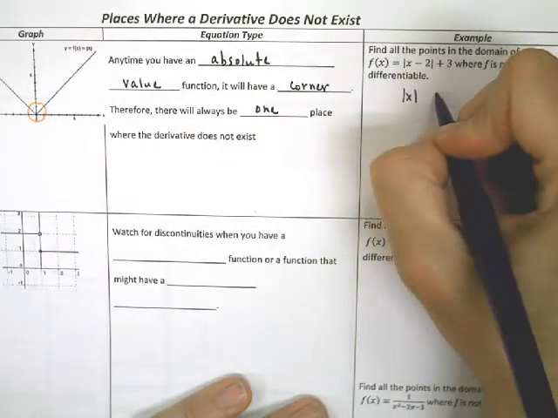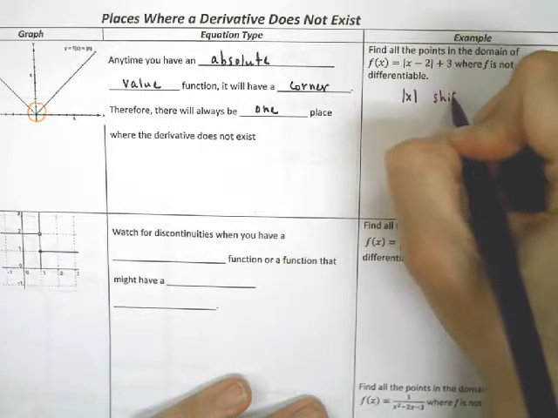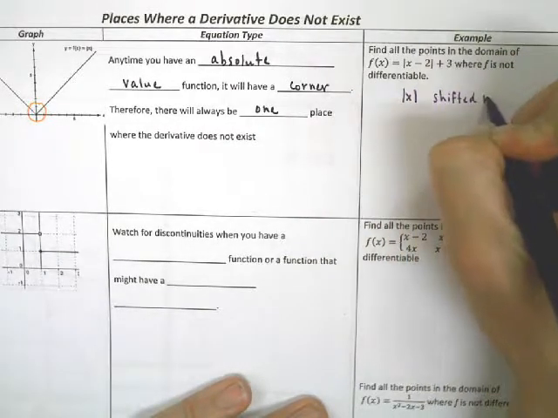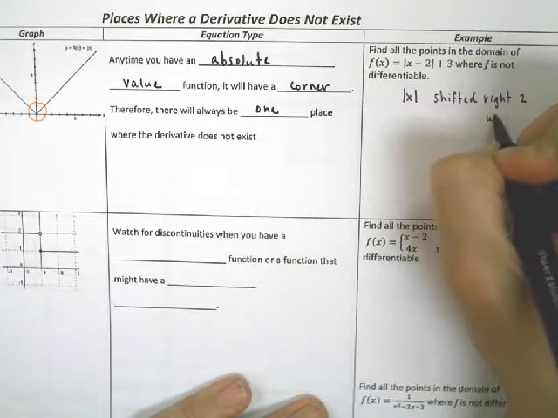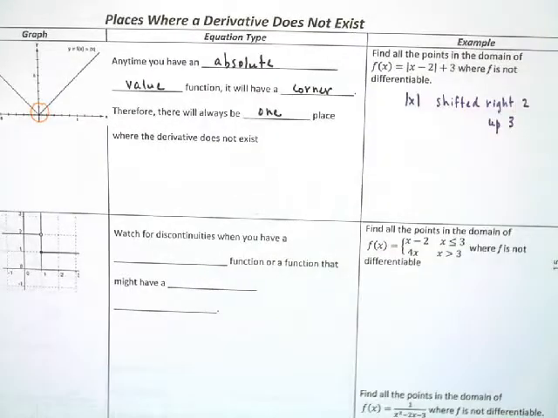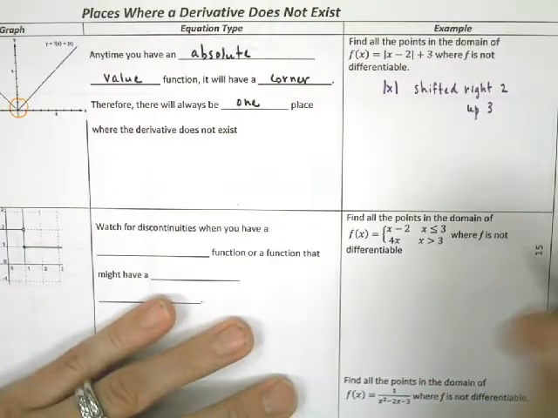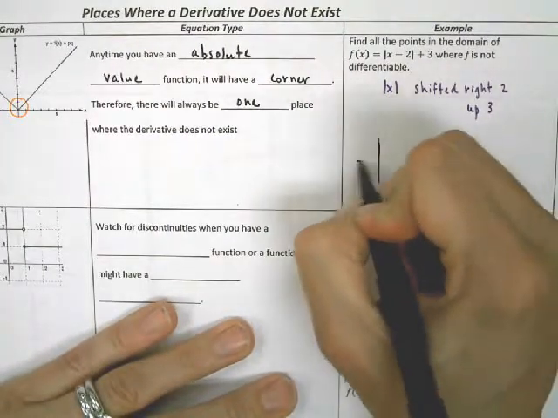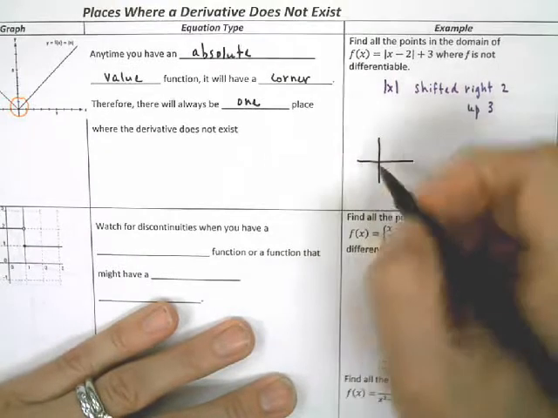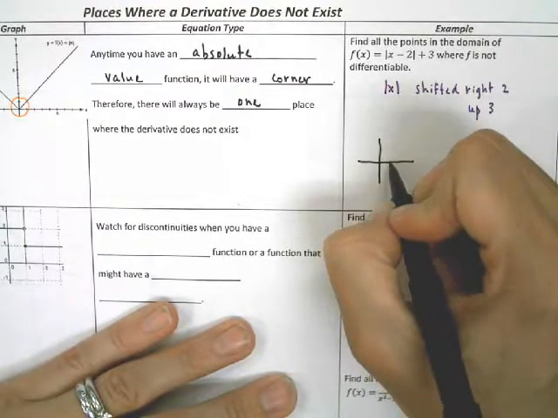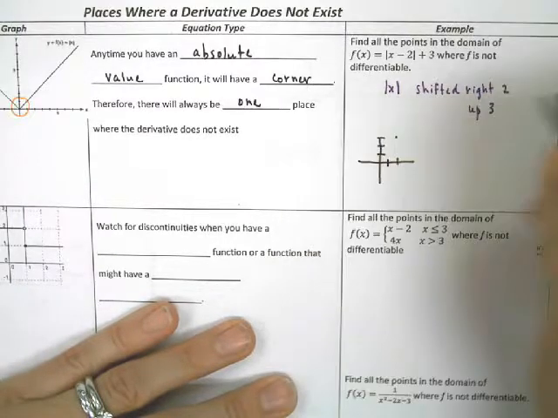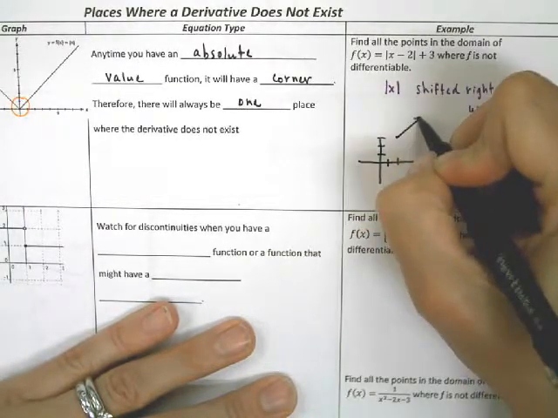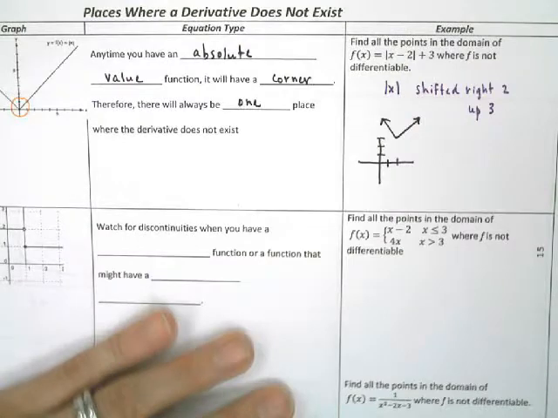This minus 2 means it's shifted to the right 2 and up 3. So if I were to do a quick sketch of this graph, instead of that corner being at 0, 0, I know it's going right 2 and up 3. So it's going to look something like this.